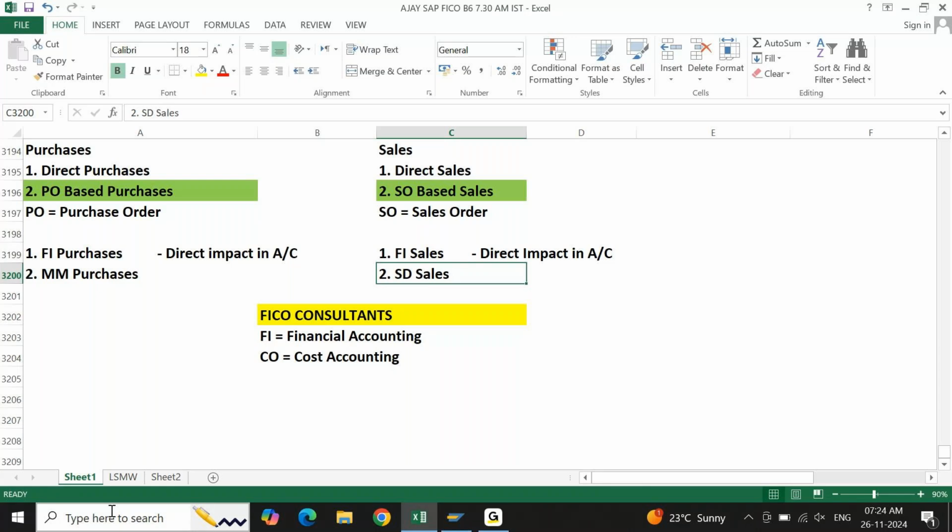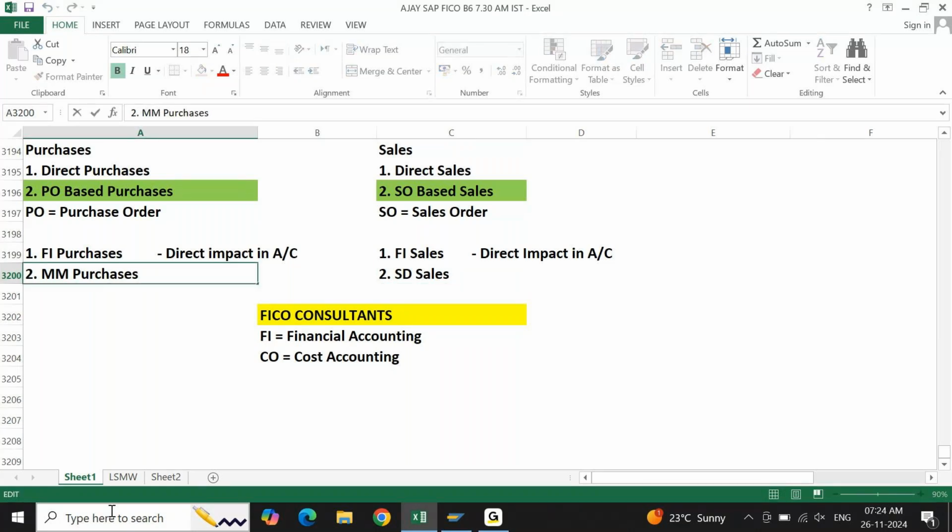When it comes to MM purchases, impact in accounting through integration.